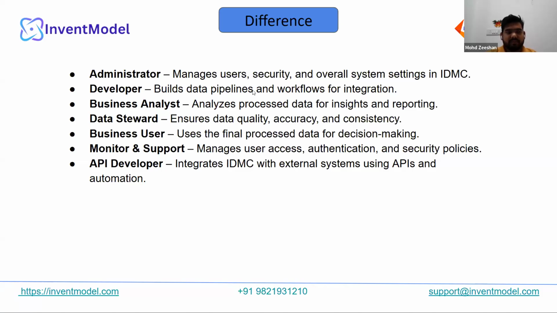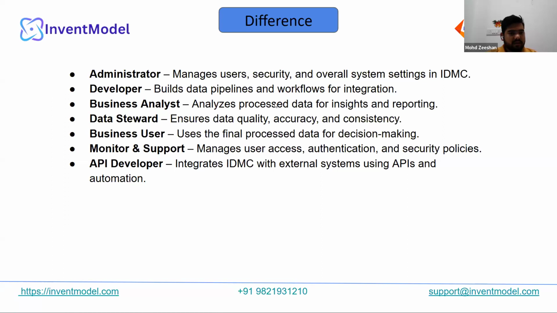Admin can create a sub-organization in our organization. You can read that admin manages user security and overall system settings in IDMC. So admin can do anything, because they have all the access.